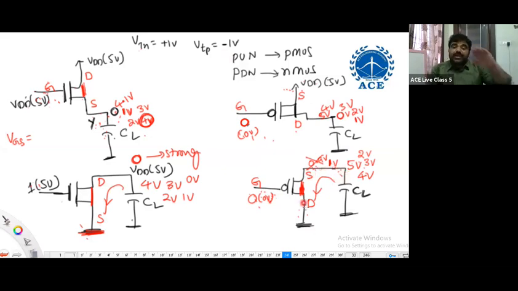So when you are using a P-channel MOSFET in the discharging path, it is not able to pass a strong 0. But here it is able to pass a strong 0. Here, when I'm using an N-channel MOSFET in the pull-up network, it is not able to pass VDD to the output. It is a weak one. But here, it is able to pass VDD, 5 volts, to the output.